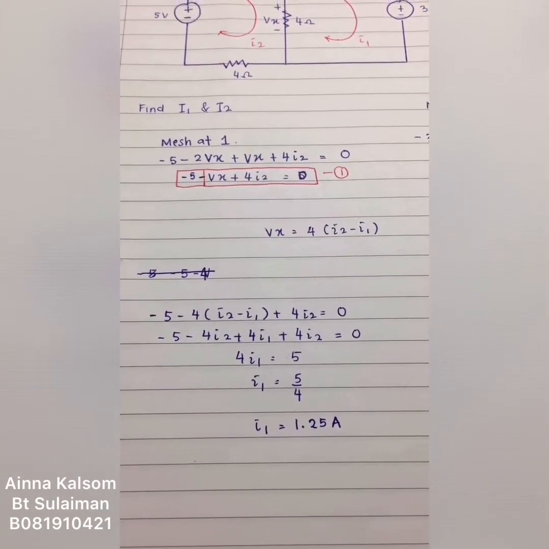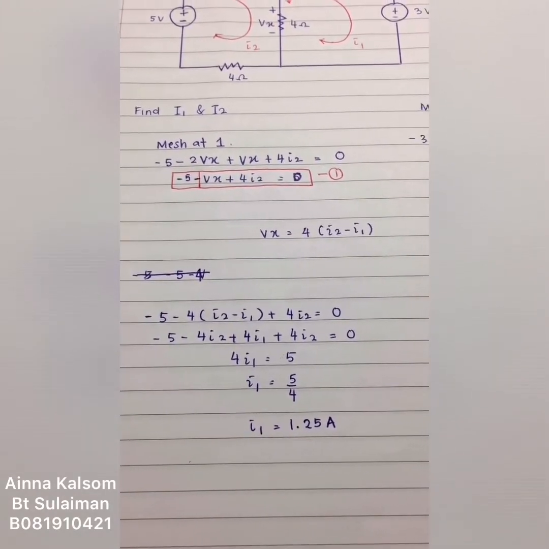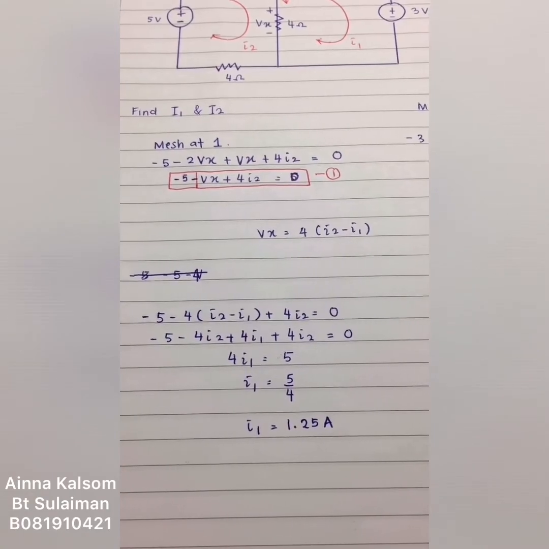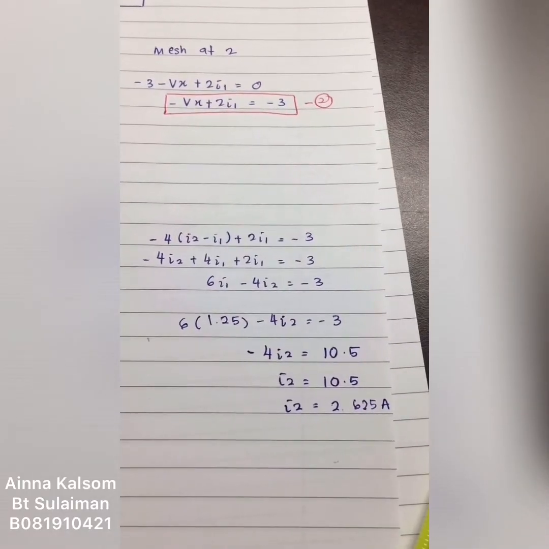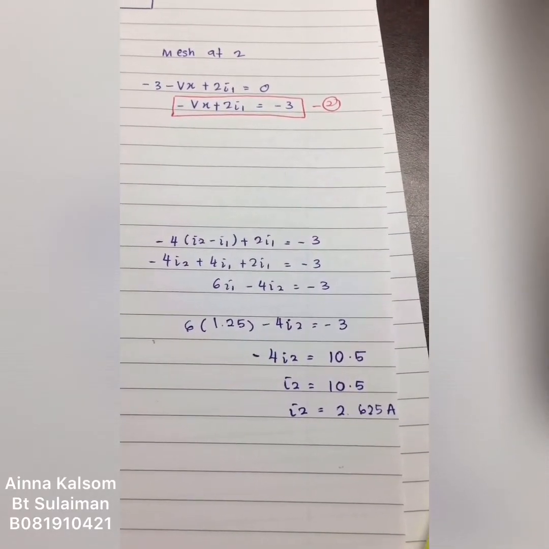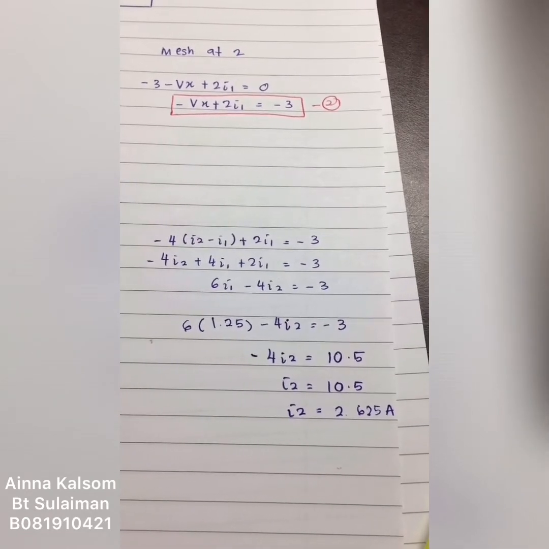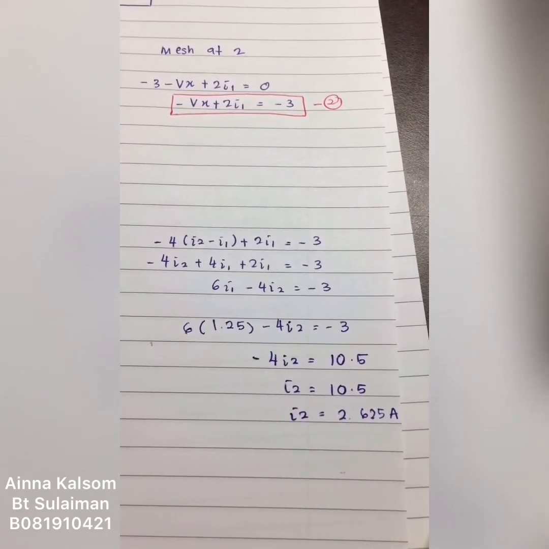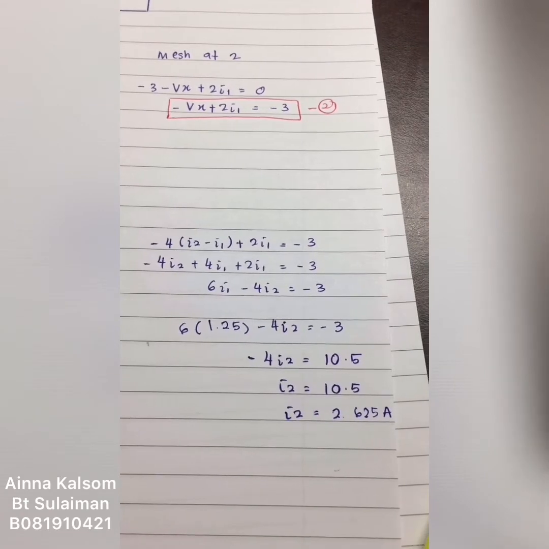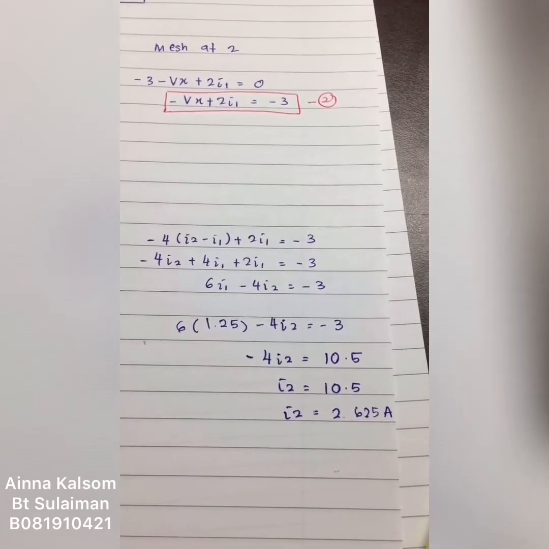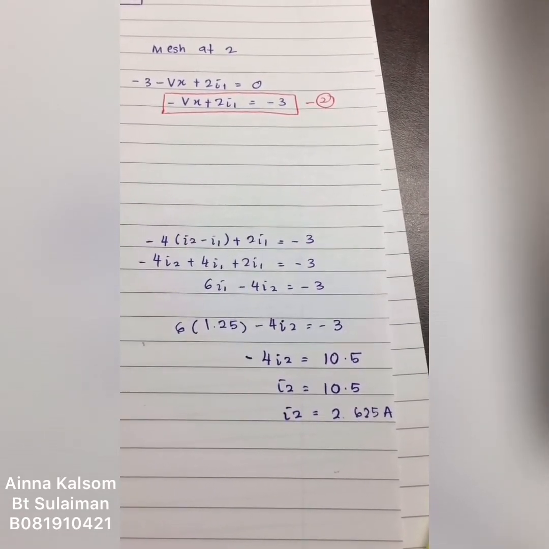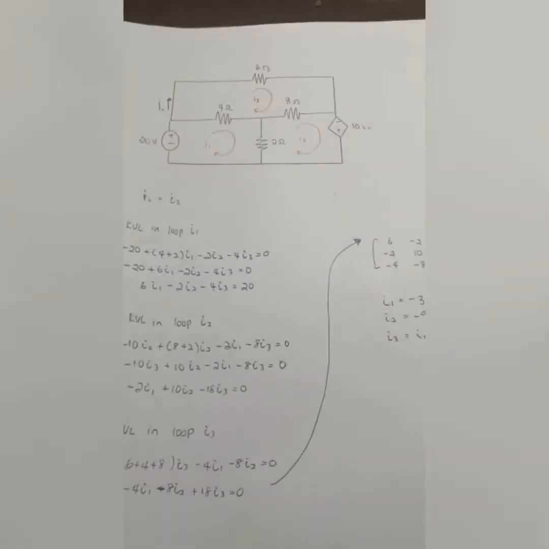From equation 1, we get I1 equals 1.25. Now that we have the value of I1, we substitute it into equation 2 and we can solve the equation and get the value of I2.